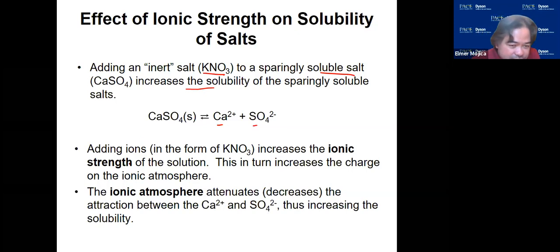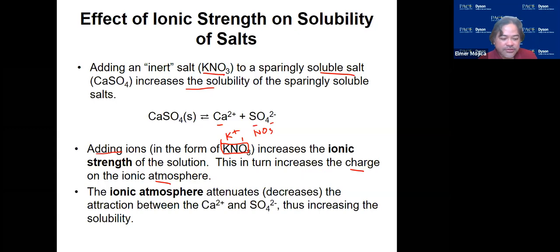So they said, when you add ions, which is in the form of potassium nitrate, so what do you have as the ions there? K plus and NO3 minus. It increases the ionic strength of the solution. And if it increases the ionic strength, this increases the charge on the ionic atmosphere. Okay?